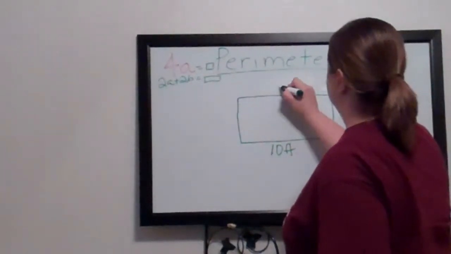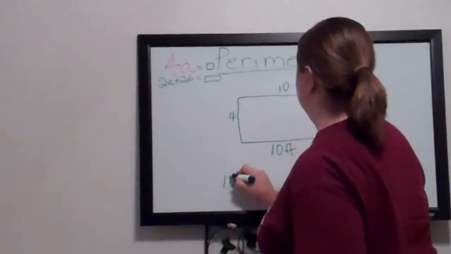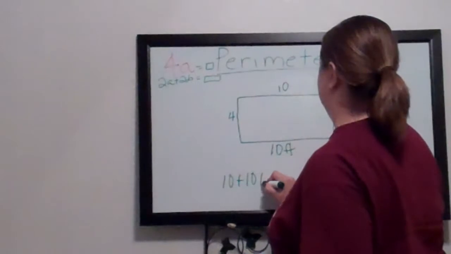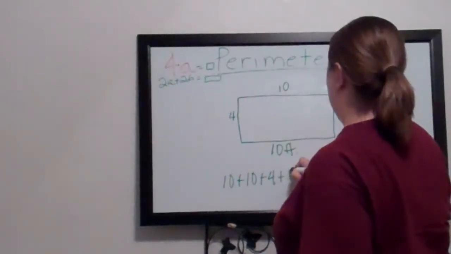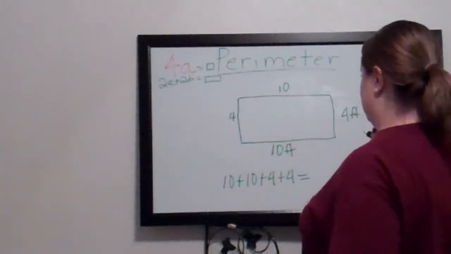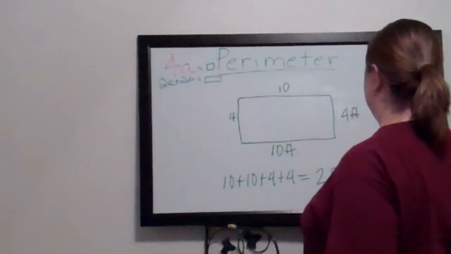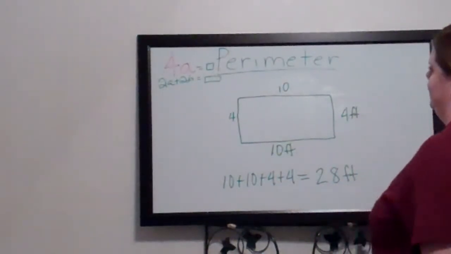So how can I find the perimeter? 10 plus 4, so you add them all together. And what do you get when you add them all together? 28 feet. Good job, 28 feet.